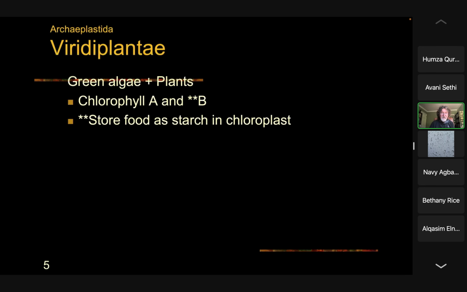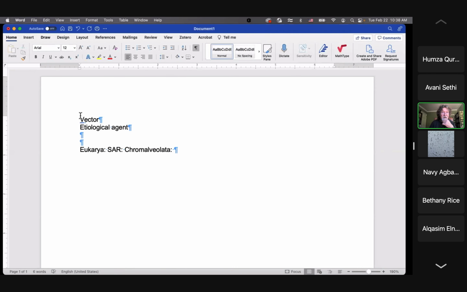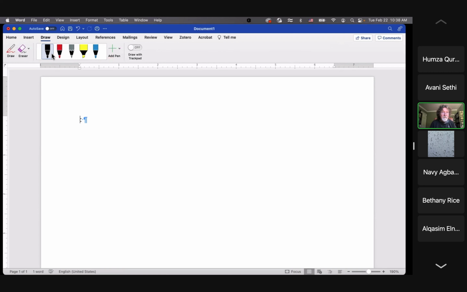Okay? So viridiplantae. So if we're going down here, let's come back to the slide. Let's get rid of everything because we're doing the clade here. In our archaeoplastids, we have rhodophyta, and then viridiplantae.